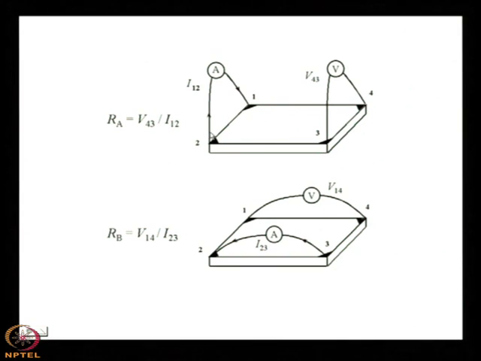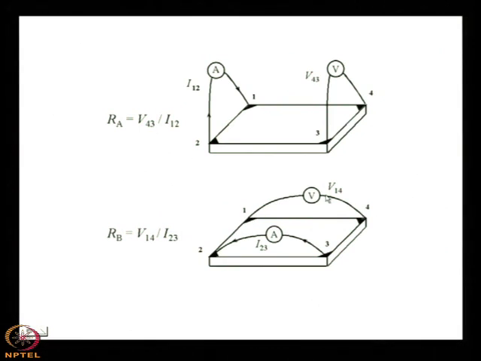Then if you take the ratio of the voltage to current, you will get R A, the characteristic resistance between these two terminals. Similarly, for R B, you send the current between terminal 2 and 3, and you measure the voltage between terminal 1 and 4.